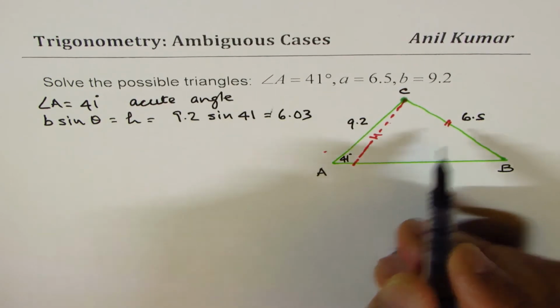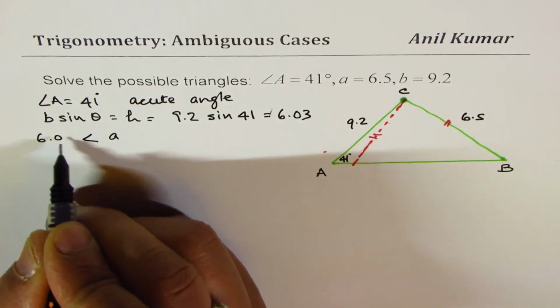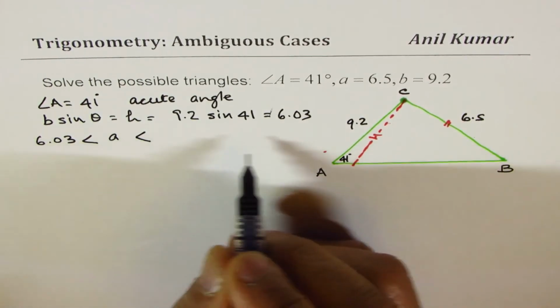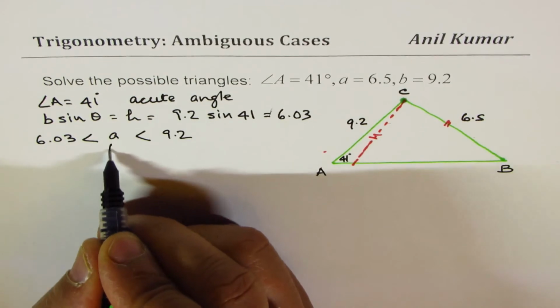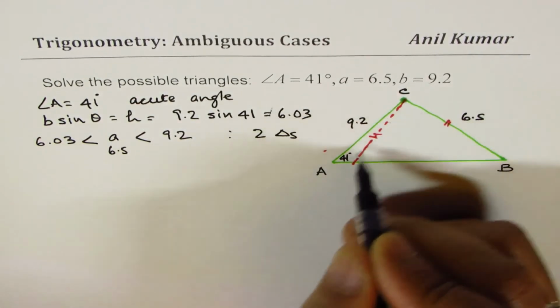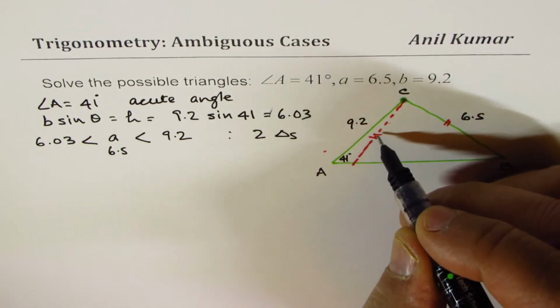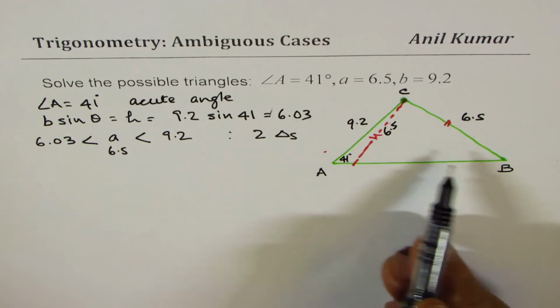Now since side A is greater than 6.03 and less than 9.2, we know side A is 6.5. We have a case of two triangles. So this side is also 6.5. Do you see that?